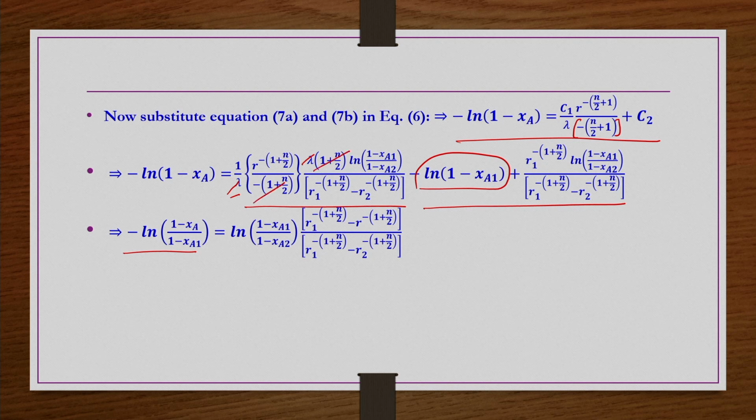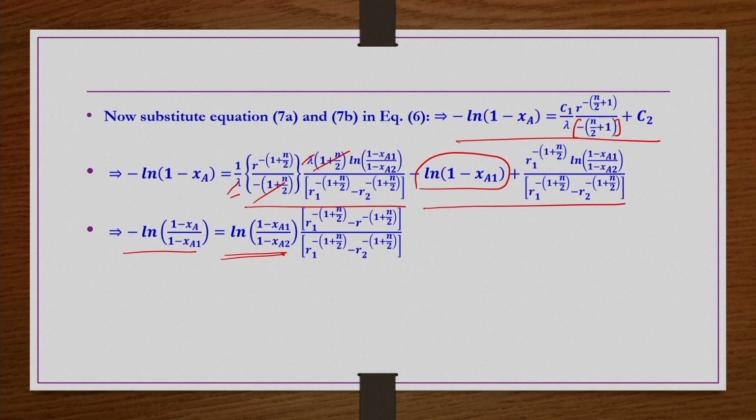So, from the remaining two terms you can take ln((1 - xA1)/(1 - xA2)) common, then we have r1 power minus (1 plus n by 2) minus r power minus (1 plus n by 2), divided by r1 power minus (1 plus n by 2) minus r2 power minus (1 plus n by 2).